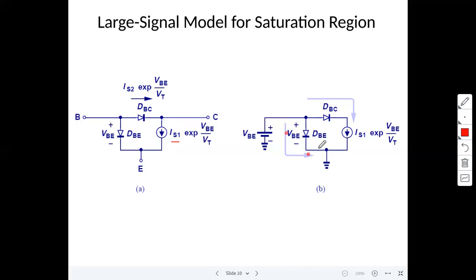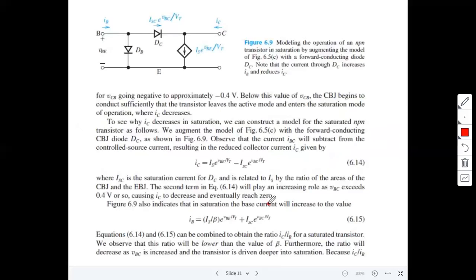Observe here, I already explained this one. This one is forward bias. This is one path, this is also one path. This is collector current. This will oppose, so that net collector current decreases. Here is a detailed explanation in terms of expressions.